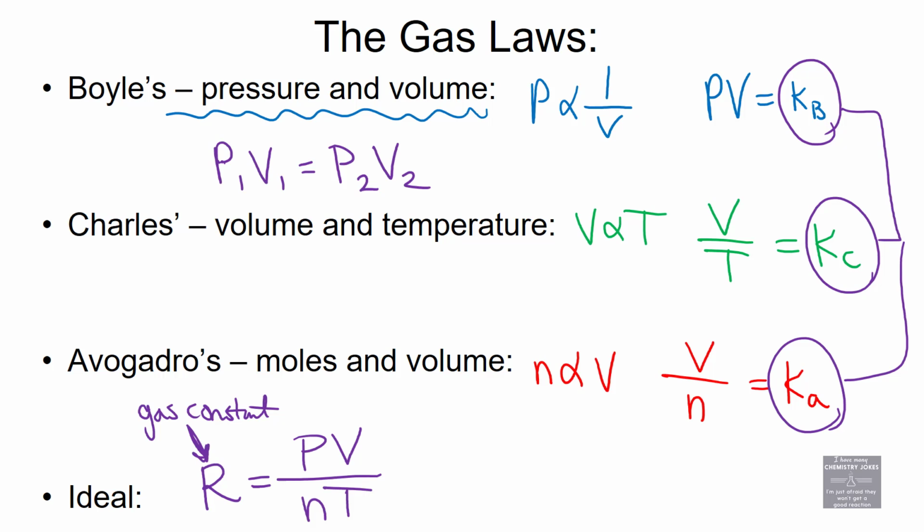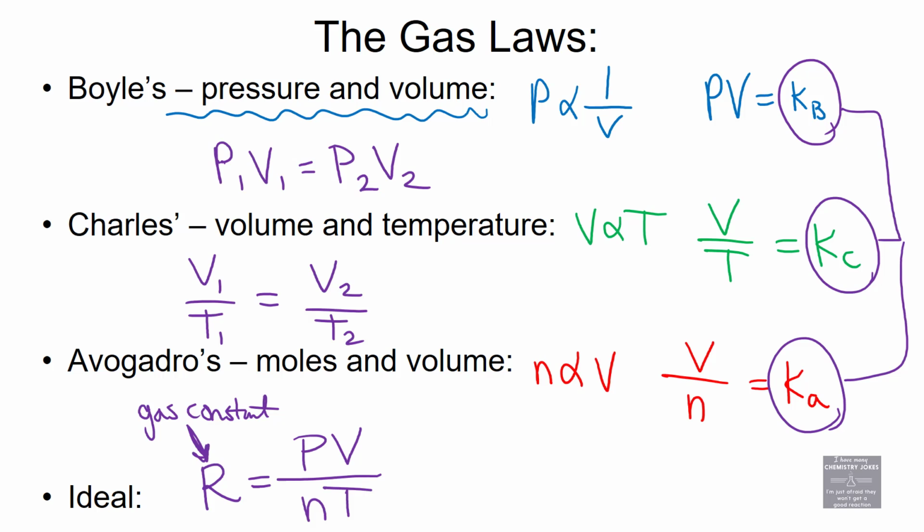It's true. We can do the exact same thing with Charles's law to say V1 over T1 equals V2 over T2. If I have some sort of system, volume and temperature, and I change the temperature, the volume changes automatically. Or the opposite, if I have some sort of volume and temperature system and I change the volume, the temperature will change automatically.